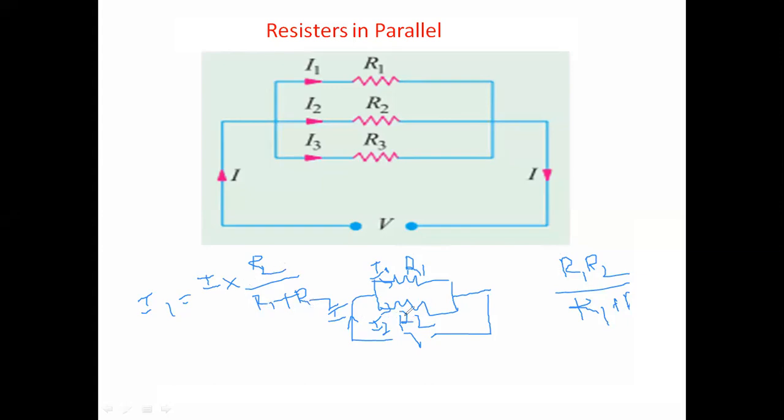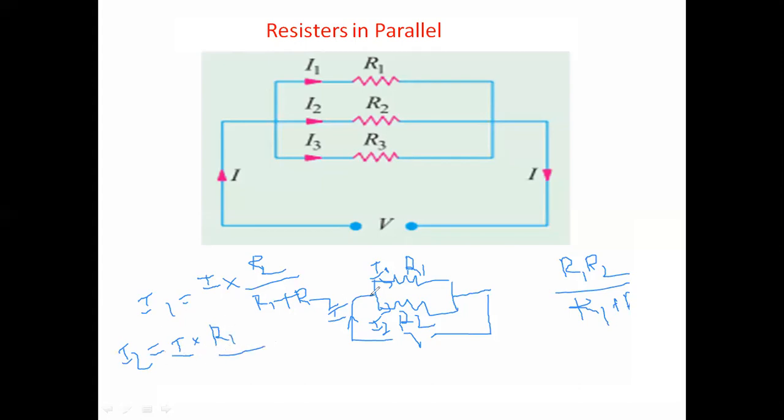Suppose I want to find the current through R2, then you have to use the equation, that is I2 is equal to total current I into R1. Now it is R1, not R2.